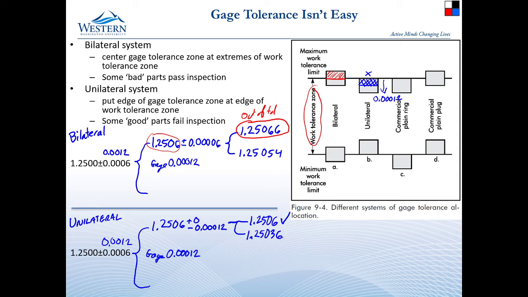But the problem is that the gauge maker is allowed to make this gauge to any size within this range. Let's say they hit the 1.25036 end. It's still a perfectly good gauge, but any part that is within this range is a good part, and I'm going to throw it away because the gauge says that it is wrong. Okay, so that is a way to go about these, and we'll see on the next slide.